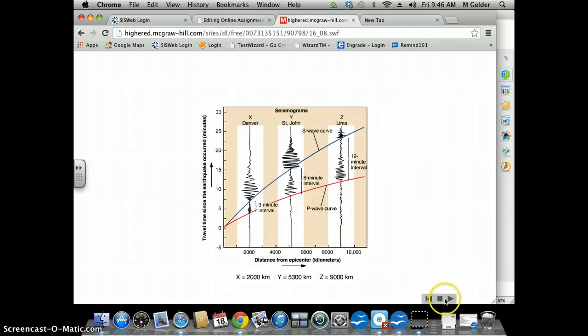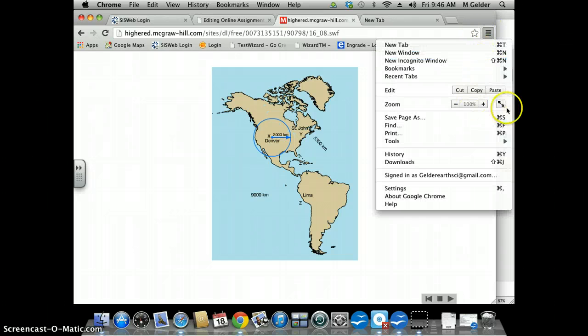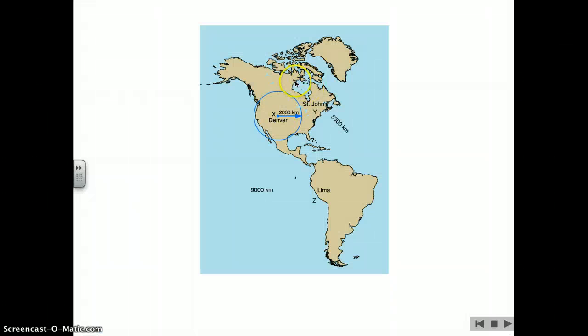If we draw a circle around Denver, the earthquake could have happened 2,000 kilometers away from here. It could have happened anywhere on that circle. It couldn't have been any further away or any closer, because of the time between when the P wave and S wave arrived.